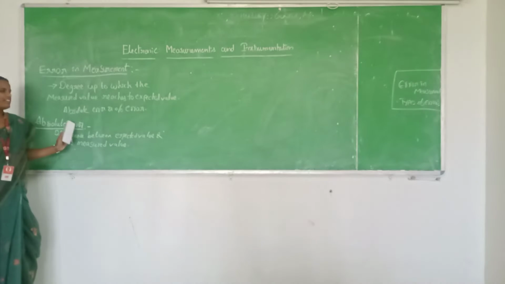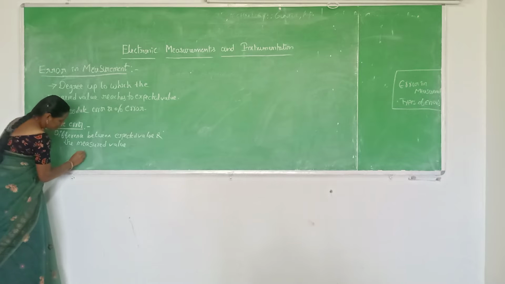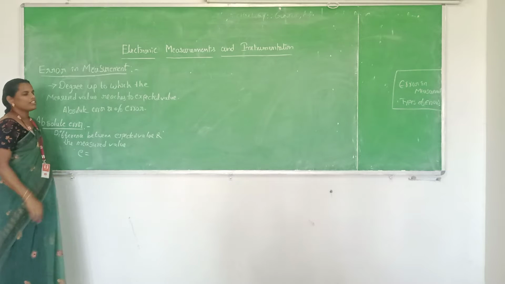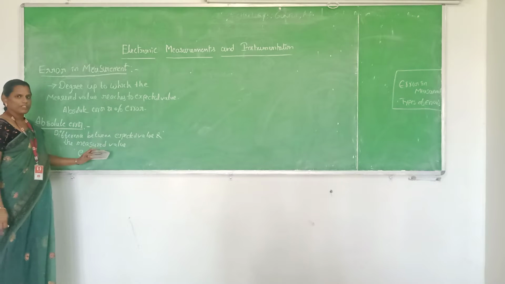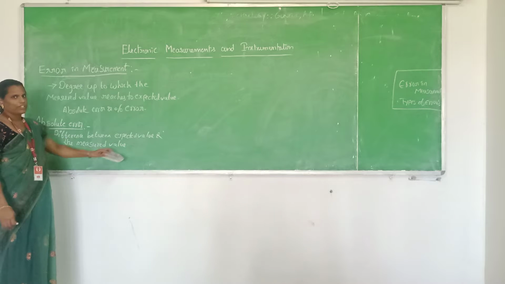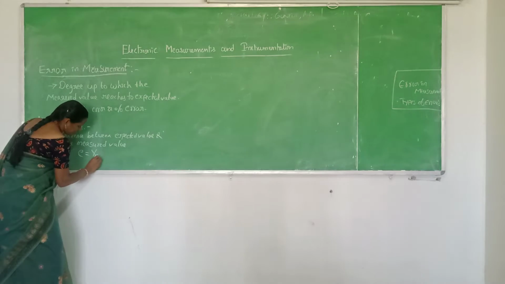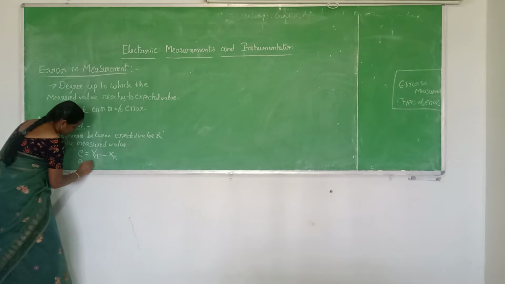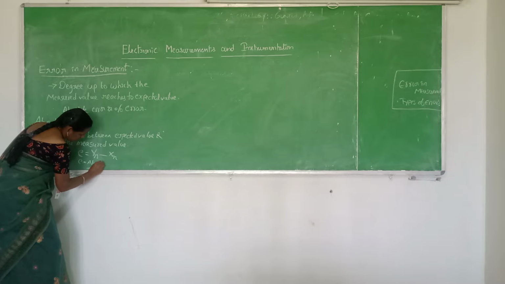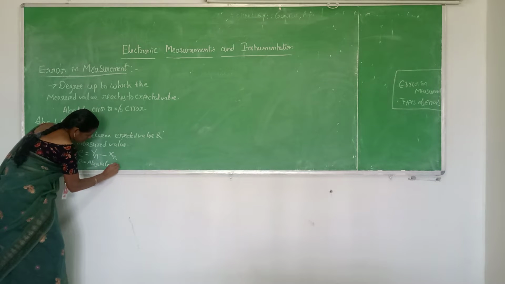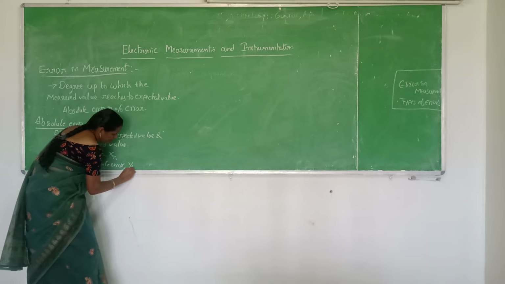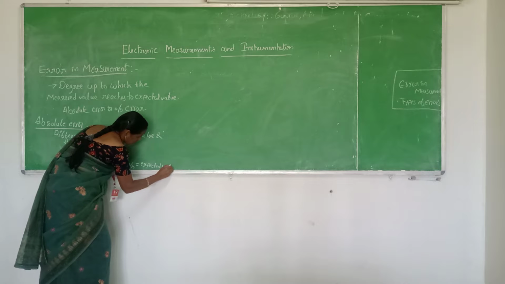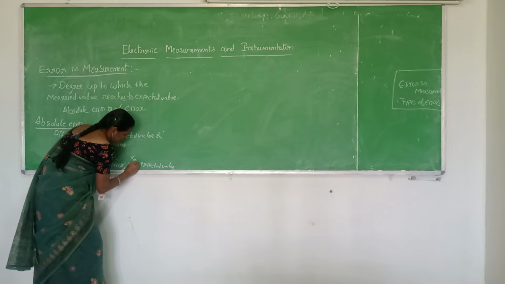Let us consider this absolute error to be small e. So small e is the absolute error, which equals the difference of the expected value and the measured value. Let us assume the expected value to be yn. So this is the expected value and this is the measured value. yn is the expected value and xn is the measured value.